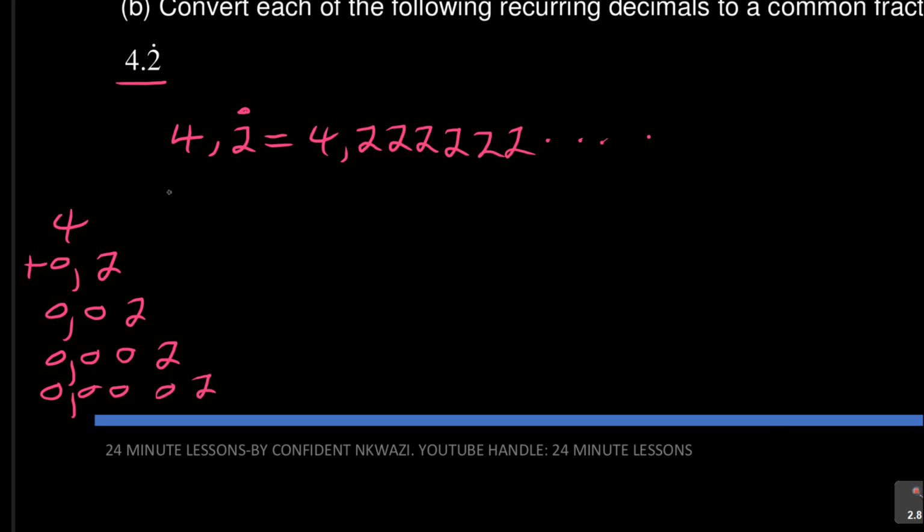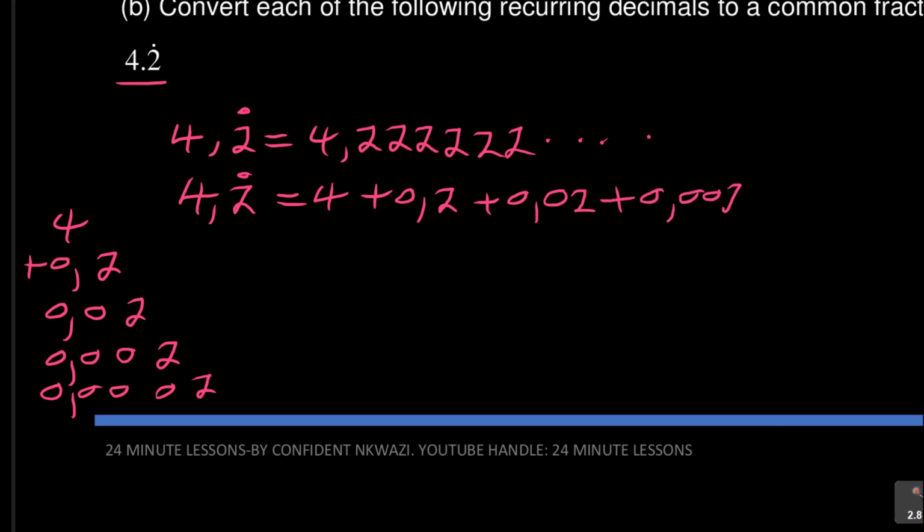You see that? So that's what you'll be having. So 4.2 recurring is equal to 4 plus 0.2 plus 0.02 plus 0.002. You continue like that.